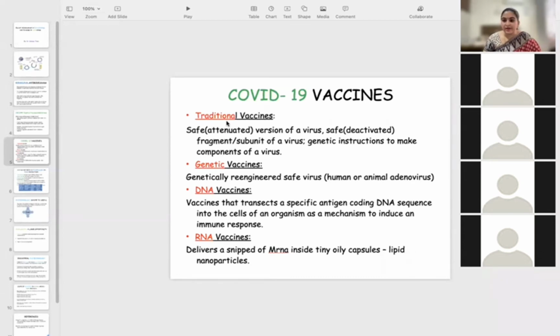Whereas in genetic vaccines, we are using the gene which will encode for the fragment of the antigen, and which will be capable enough to evoke the immune response and to form memory antibodies and primary antibodies.